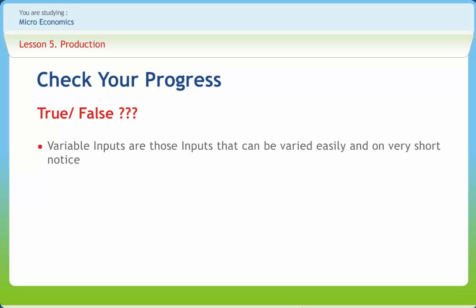Variable inputs are those inputs that can be varied easily and on very short notice. Right or wrong? Right. In the short run time period, only one input is fixed. Right or wrong? Wrong.